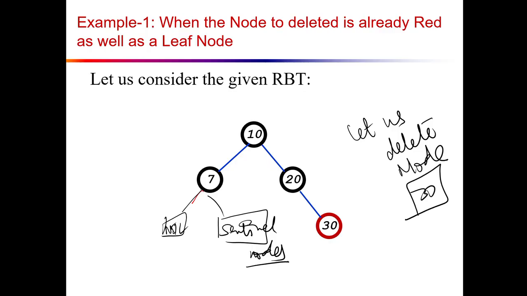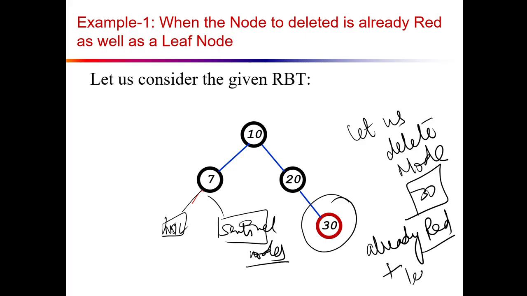This node 30 is already red in color, plus it is also at the leaf position. In that case, we don't need to worry at all and we can directly delete this particular node. Whenever a node is red in color, simply delete it. There is no issue at all.